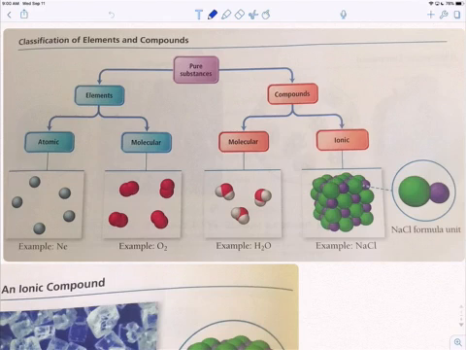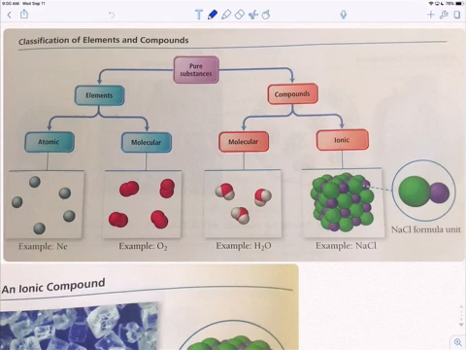Okay, so this is where we left off. We're in chapter 3, and we're starting to get into the chemical accounting. If you remember, in the beginning of the semester I talked about mixtures. You can take mixtures and break them apart into pure substances. Pure substances can be elements or compounds, and elements can be atomic or molecular.